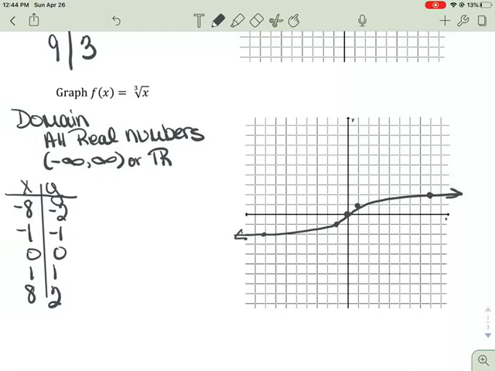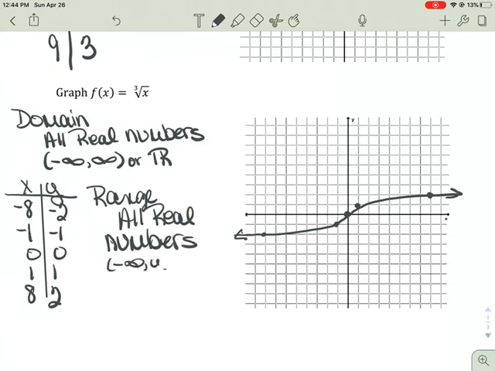Okay, so notice that our range is positive and negative numbers. Okay, so we can have positive and negative numbers as well. So our range is also going to be all real numbers. Which means once we put anything in, we can get anything out.